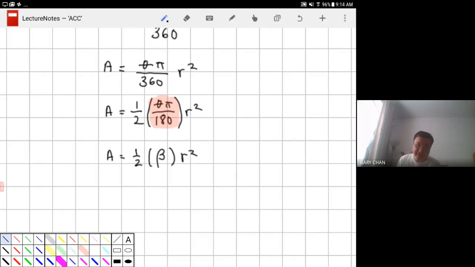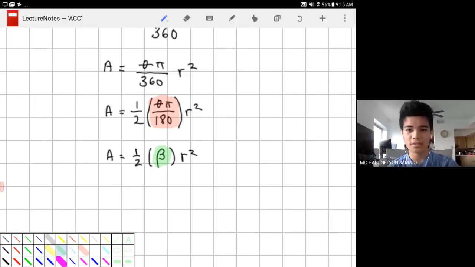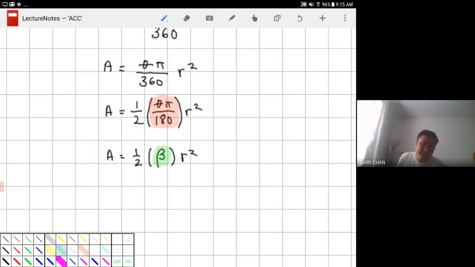And again, this is really important. This is crucial to your understanding here. Is beta, the thing I'm highlighting here, the same thing as the stuff that's highlighted in pink? Yes, they represent the same things.